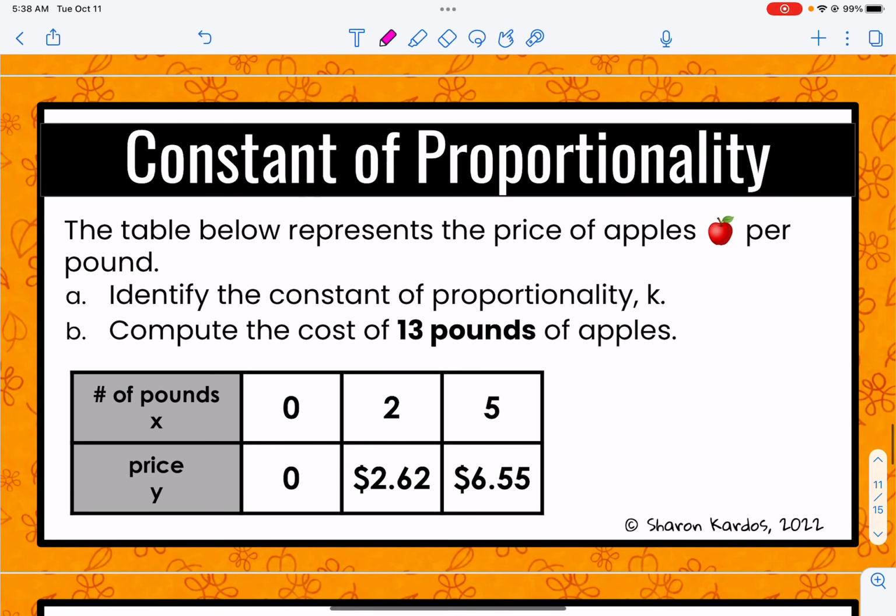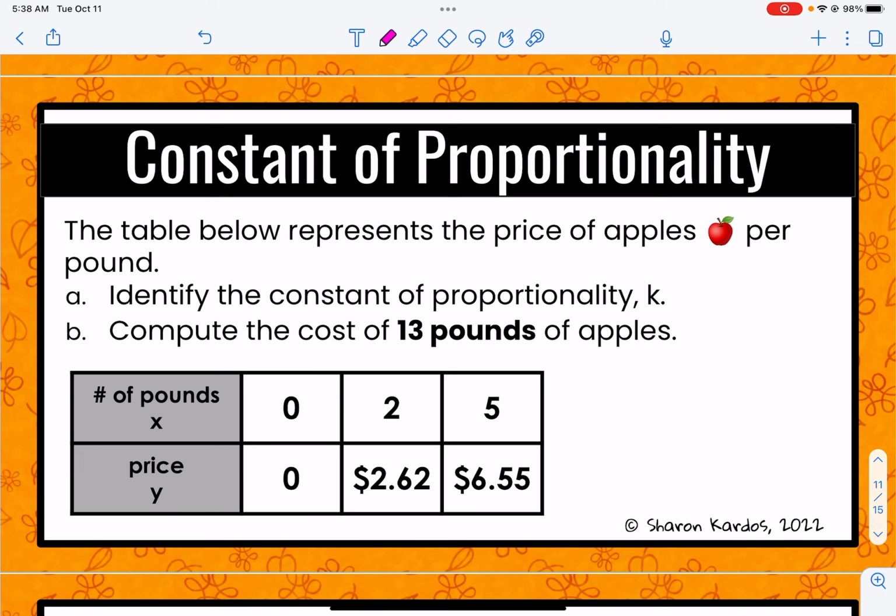All right, this is the same type of problem, except instead of having a missing blank box on my table, they ask it in the form of a question, but it's still the same type of problem. For this problem, it says that the table represents the price of apples per pound.